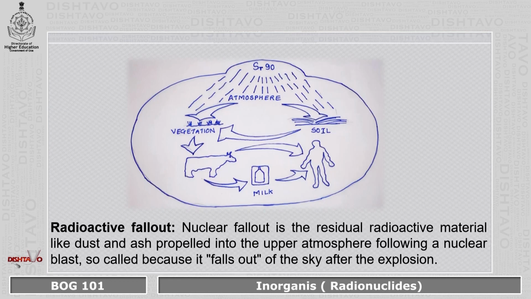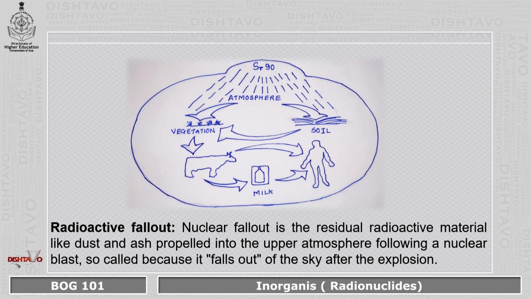Radioactive fallout is a process of distribution of the dust and ash from the nuclear reactions, which rises into the sky when the nuclear explosion occurs, and ultimately it settles around the place.